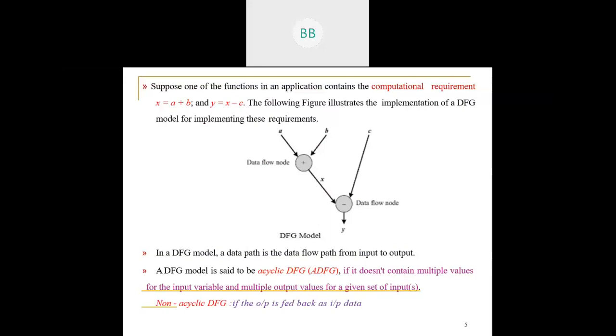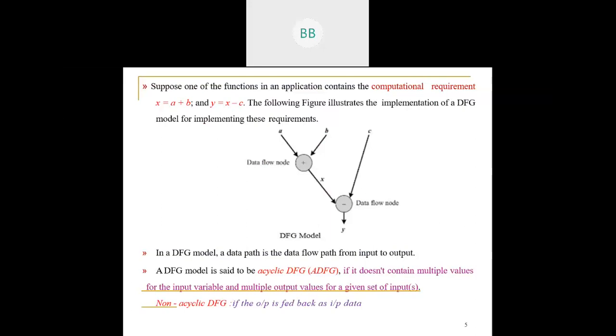Here, the circle in the diagram represents the operation that has to be performed on the data A, B, and C. And the arrow mark represents the data flow or the data path. If the circle has an incoming arrow, then it is called input data.